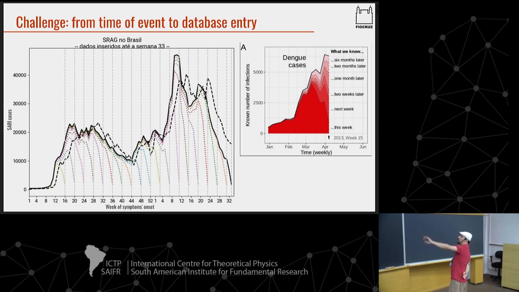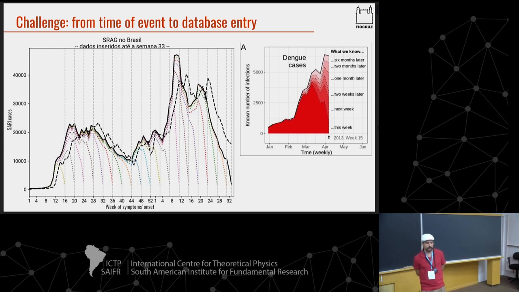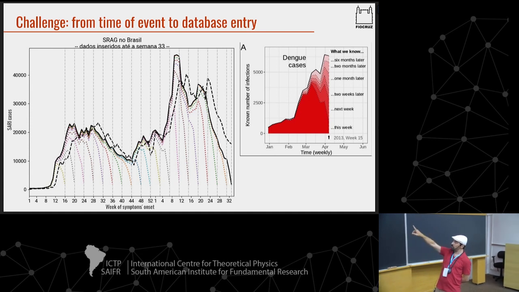So on the left-hand side, again, SARI cases in Brazil from 2020 all the way to week 32 of 2021. The solid line over there is the number of weekly cases aggregated by symptoms onset, with the data being extracted by the end of week 33, 2021.